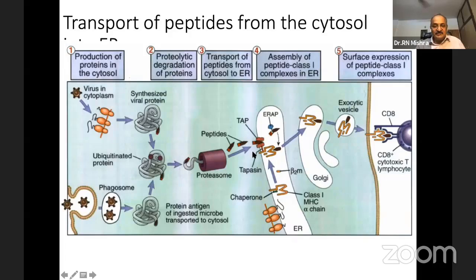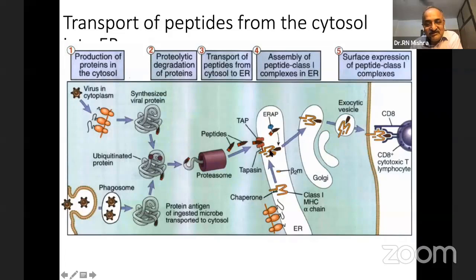And these peptides, through a transport associated protein or TAP protein, enter the endoplasmic reticulum to get attached to a protein called ERAP, and ERAP makes minor editing of this peptide. You need a very fine processing of this peptide to engage into the class 1 molecule.